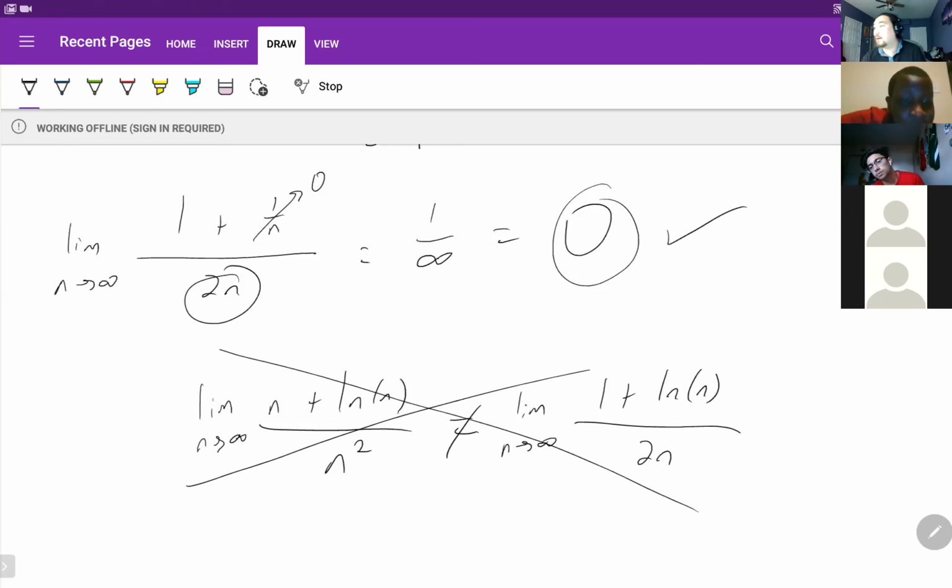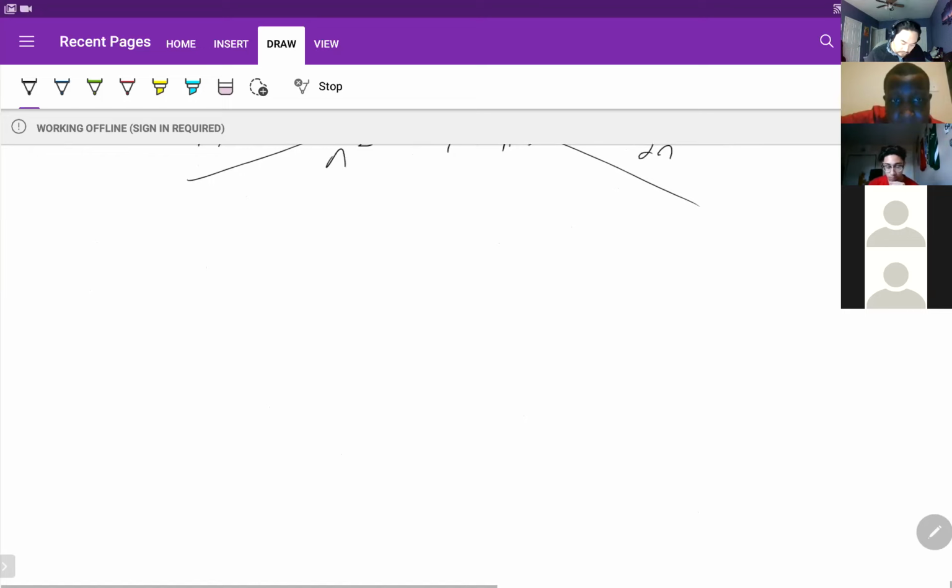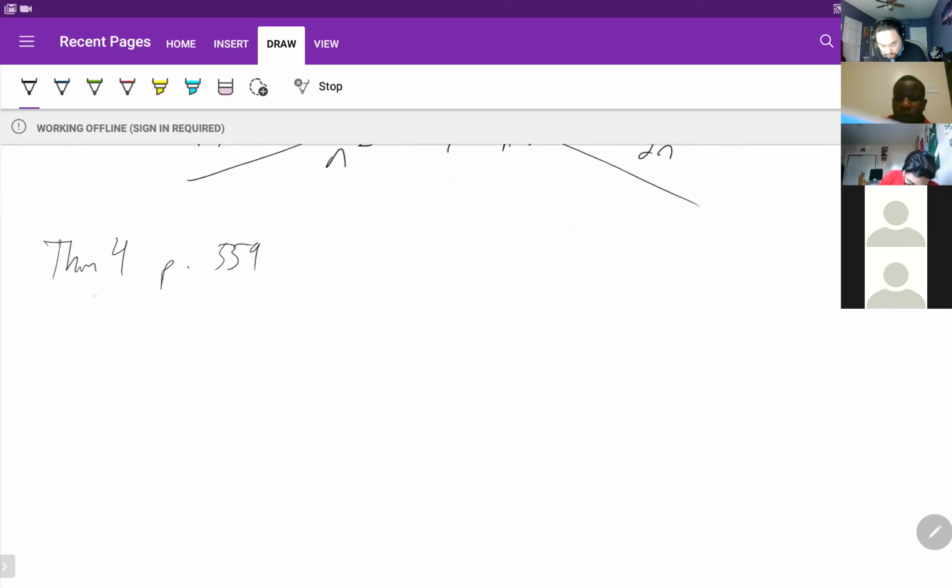I'm just going to mention this. I'm sorry, I'm going all over the place because I want to get to the series. So the last thing, there's something called Theorem 4 on page 559. It basically says that limits are preserved under functions. In fact, continuous functions.